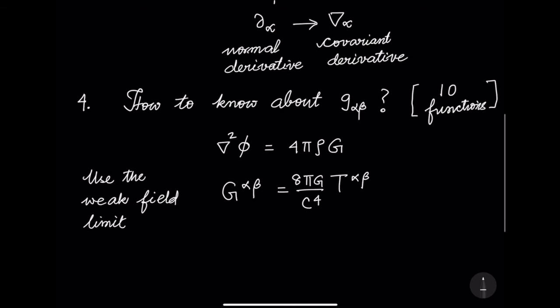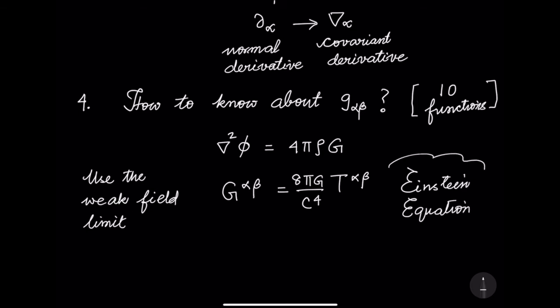This is what is called Einstein's equation. Again, you can consider this as a first principle for the time being. There is no harm in doing that. If you take this as a first principle, the rest of gravity follows. That is how it works. So T alpha beta is the source term, the energy momentum tensor. This is the source of gravity.